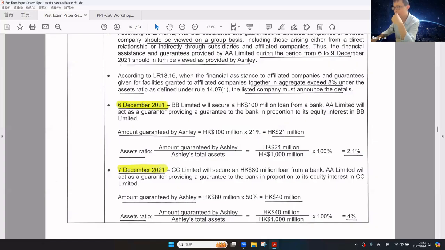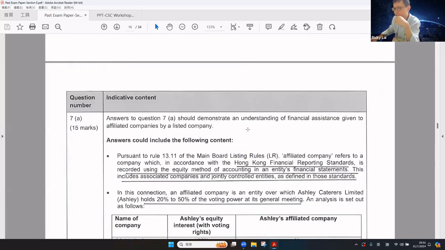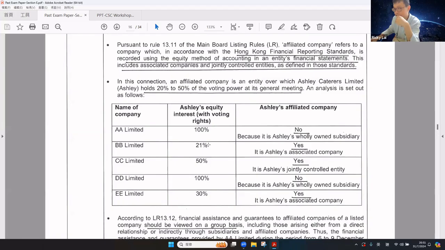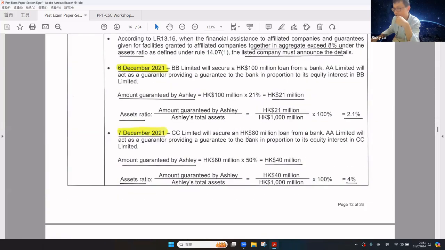The loan amount is 100 million from the bank, and A will act as a guarantor, providing a guarantee to the bank in proportion to its equity interest in B. So when we calculate the amount guaranteed by the listed company, this means $100 million multiplied by 31%, because the listed company only holds 31% of the associate company. The asset ratio is over the total assets of the listed company, so we have the result of 2.1%.